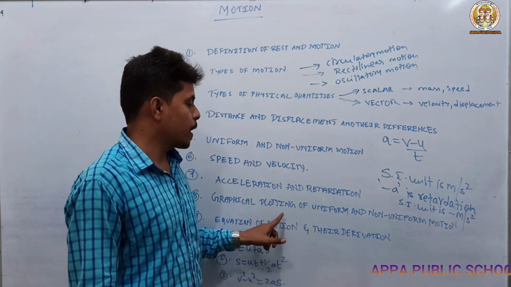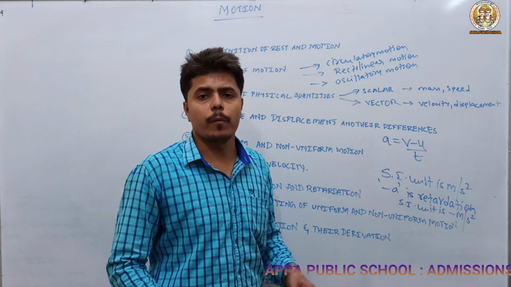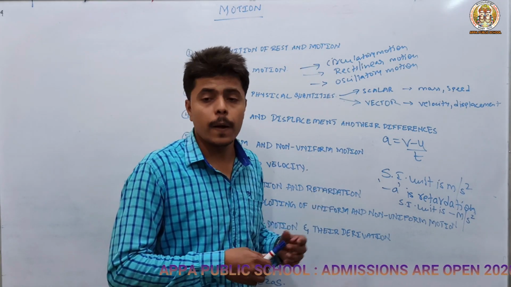Okay, so now the graphical plotting of uniform and non-uniform motion. Just a rough graph I will put on the board.